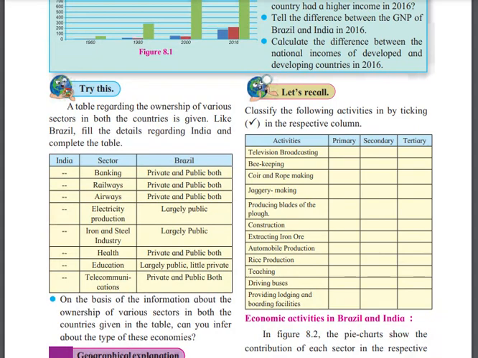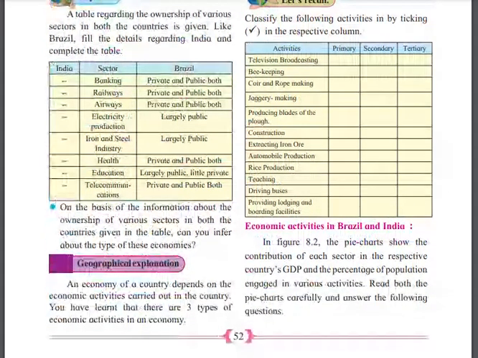It is a public and private sector, right? Primary, secondary, tertiary. You need to explain whether this is primary or not. On the basis of information about the ownership of various sectors in both countries, can you infer which type of economy this is? Okay, just forget about it.